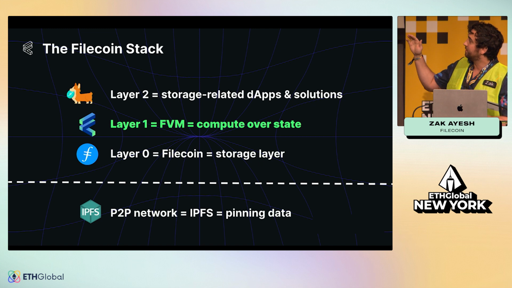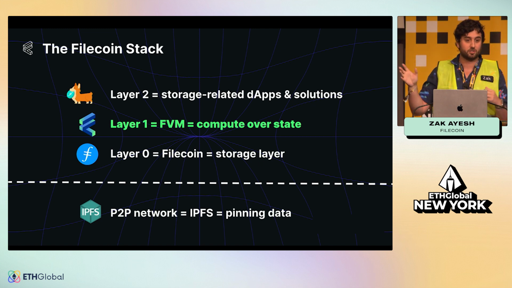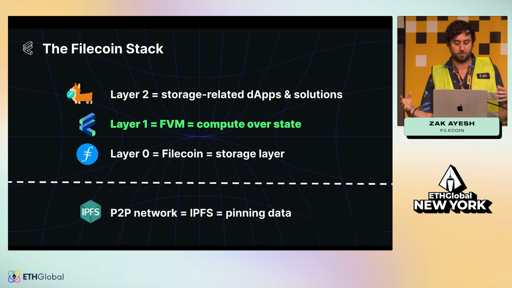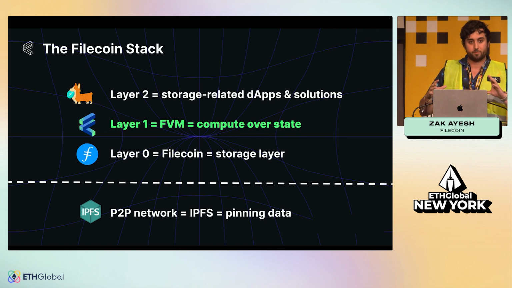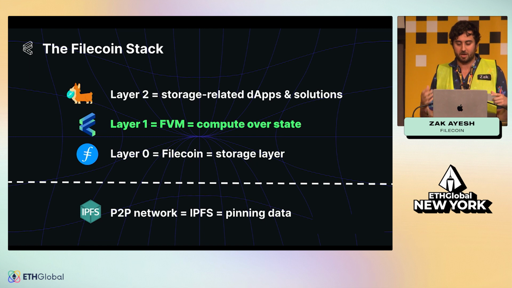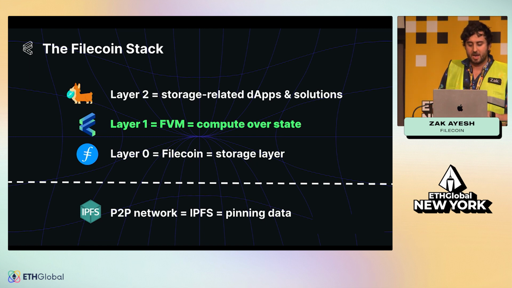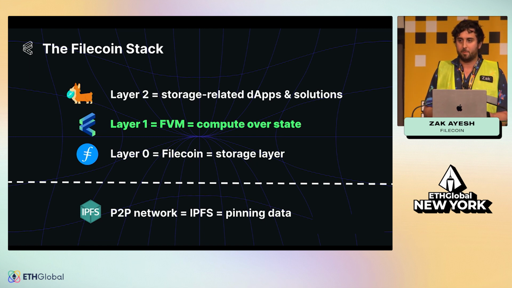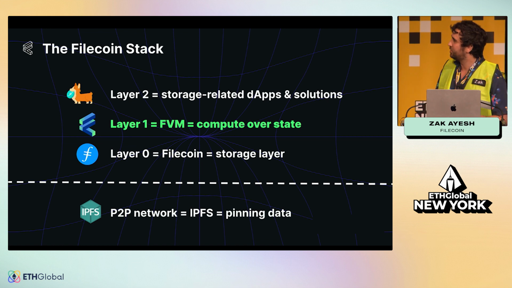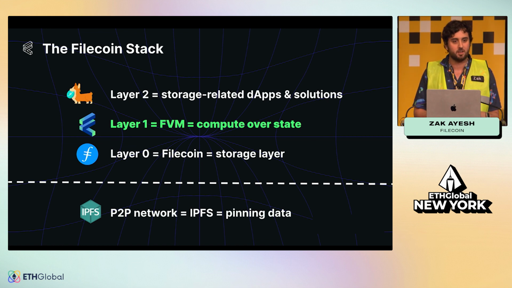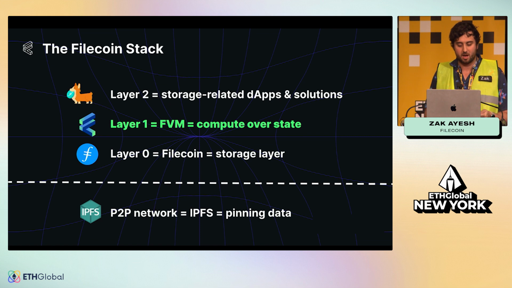And we have it kind of divvied out into layers. Layer 0, you can think of it as the storage layer. This is the storage providers providing their SSDs and validating the blockchain. They have layer 1 as the FVM. It's kind of like a layer 0.5, as we'll see in a second. It's actually within the layer 0. It's within the Filecoin chain, right?